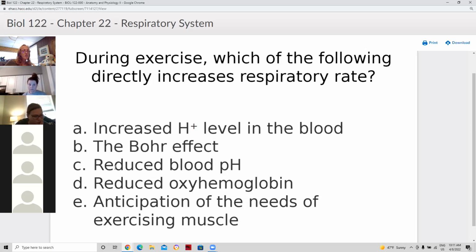Why? Because of the pH. Okay. And of course, increased hydrogen ion levels are going to result in becoming more acidic. Reduced blood pH, AKA you're more acidic.